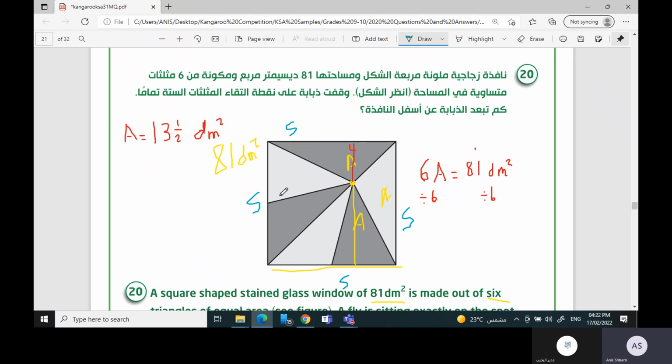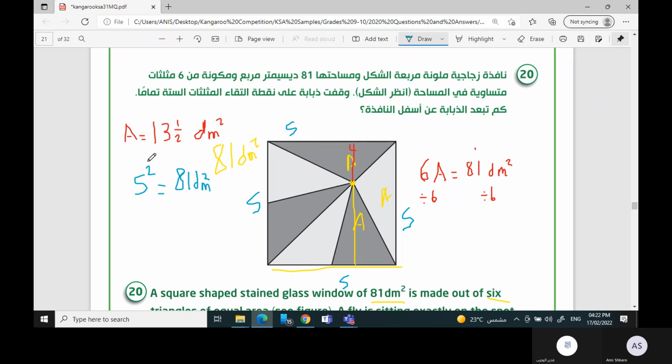And the area of a square, we know, is equal to S times S, S power 2. So of course, S power 2 is equal to the area of the square, which is 81 decimeter square.